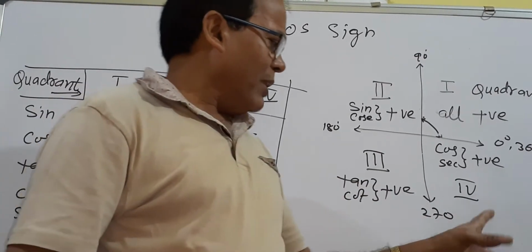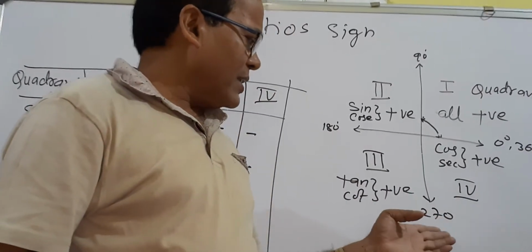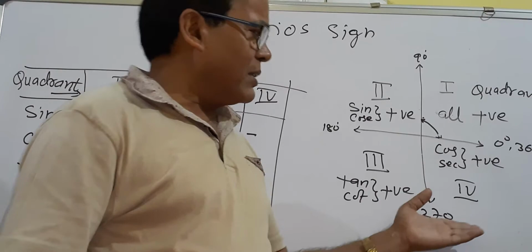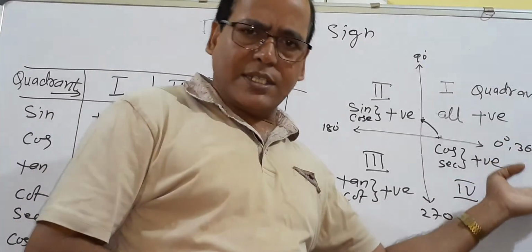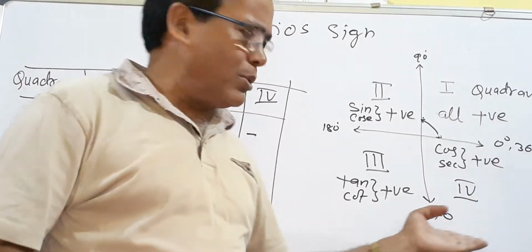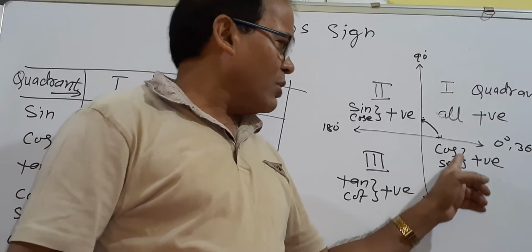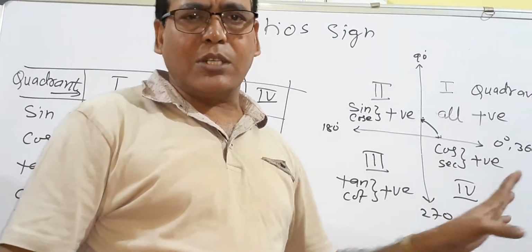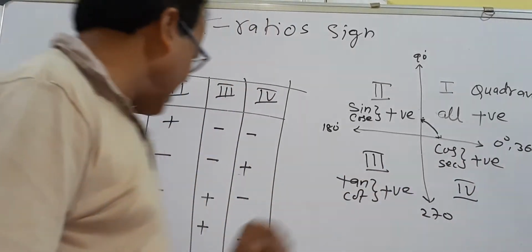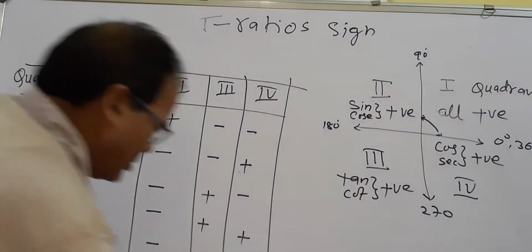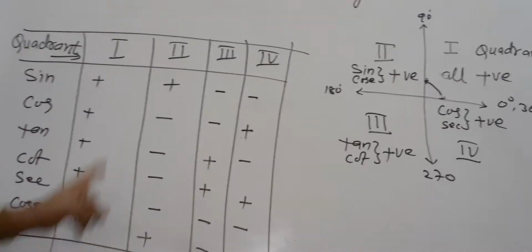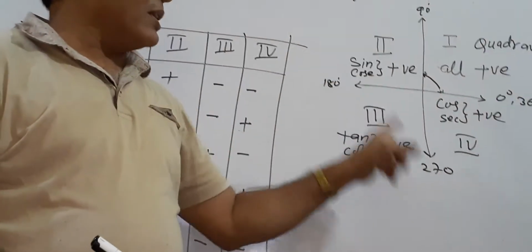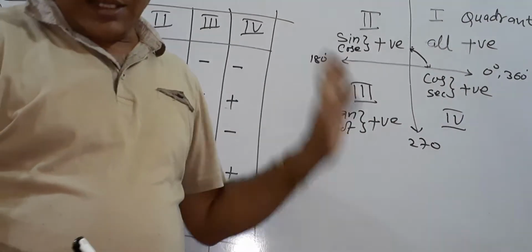Likewise, if the angle is greater than 270 degree and less than 360 degree, only cos and sec are positive, rest all four will be negative. So this table you must memorize, and no need to memorize this table if you know this quadrant diagram. Okay.